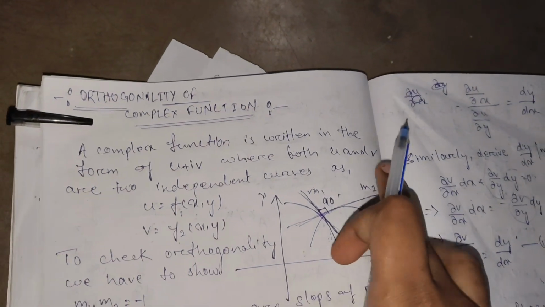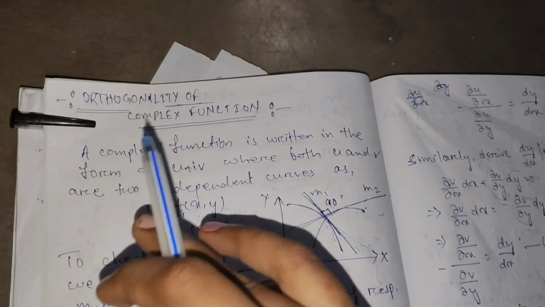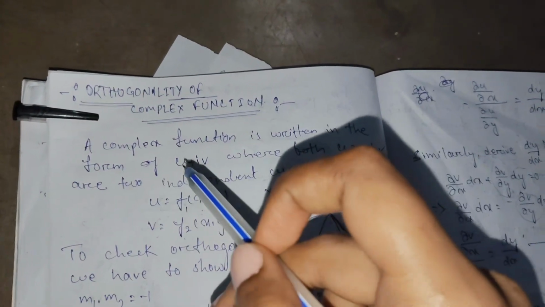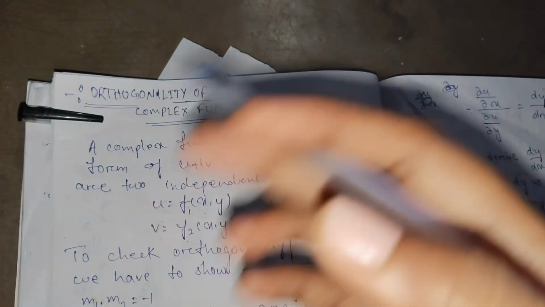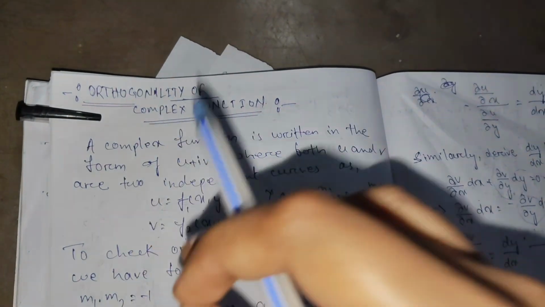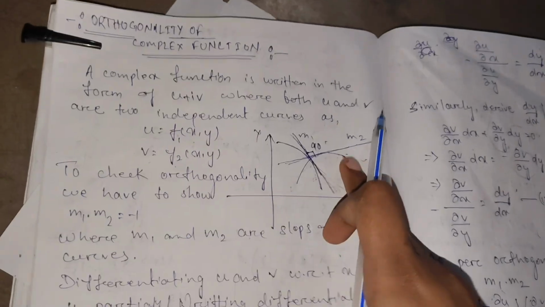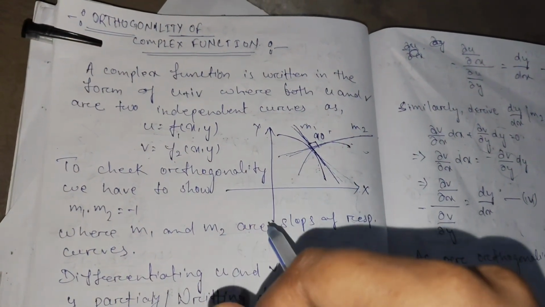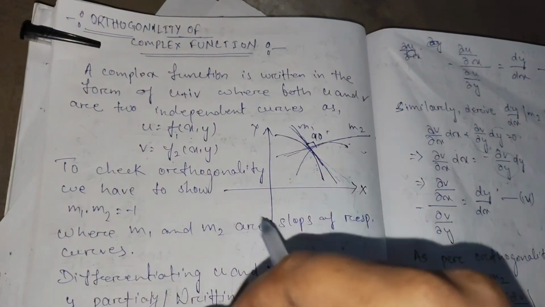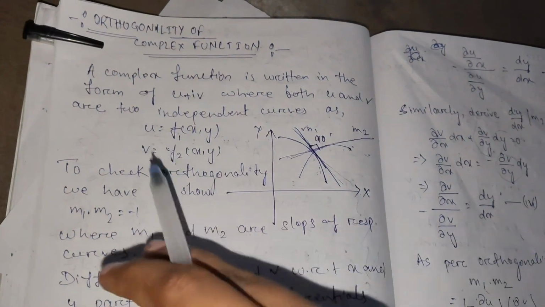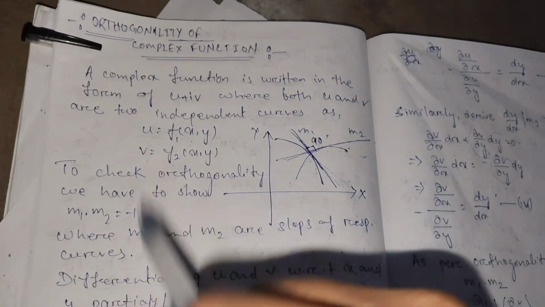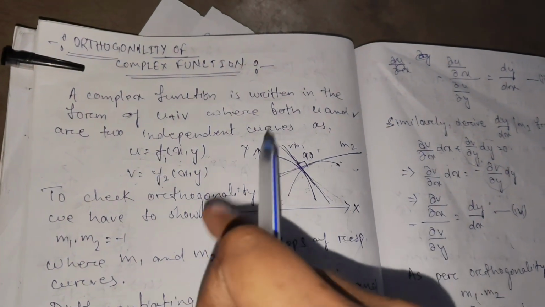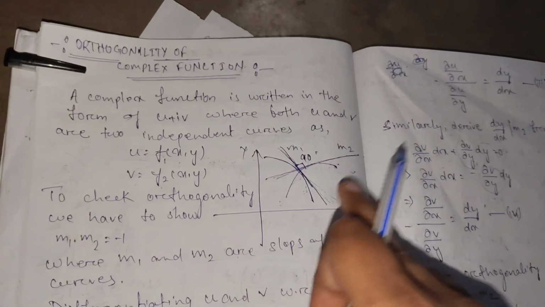As we all know, a complex function, that is a function of a complex variable, is written in the form u plus iv, where u and v are two independent functions of variables x and y. As you can see, I have drawn an xy Cartesian plane on which I have drawn two curves, one for u and second for v. Now draw the respective slopes of these curves, named m1 and m2.